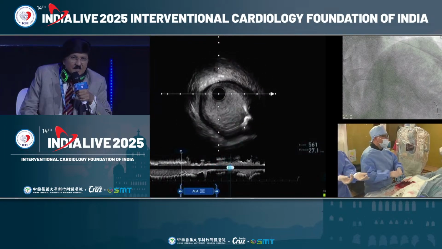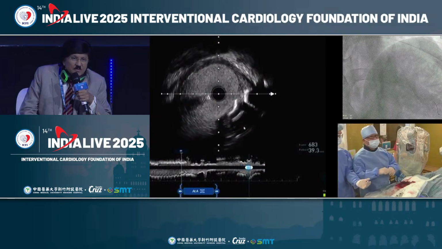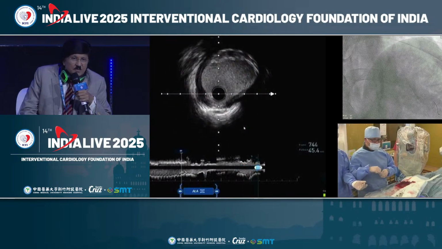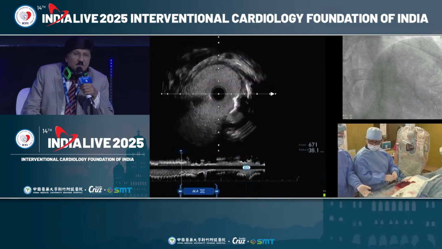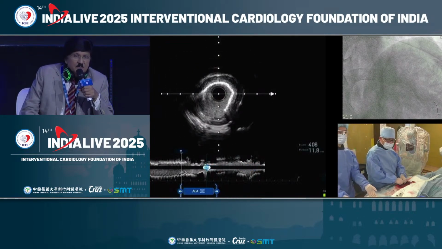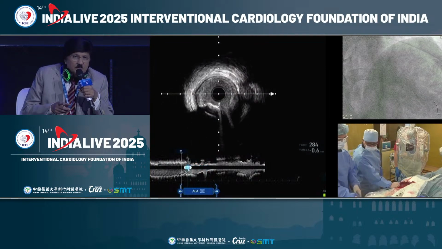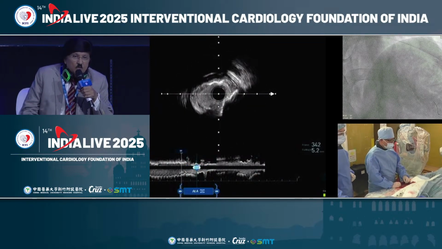And of course, we already check whether vessel injury occurred or not. Looking at these IVUS findings, there is no vessel injury so far, and also calcium is well ablated, but still there. So that's why Kashima sensei decided to perform 2.0 rotablation.